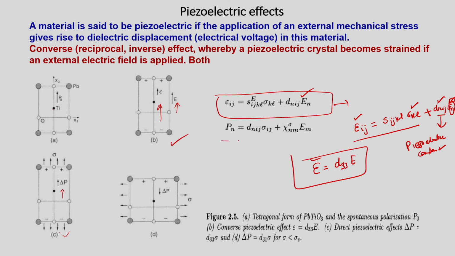Similarly, there is another equation, sometimes denoted by P_n or sometimes by electrical displacement or electrical flux density. In this way, if some stress is applied, then an electrical field will be generated. Here sigma_ij is the stress and d_nij is the piezoelectric constant.